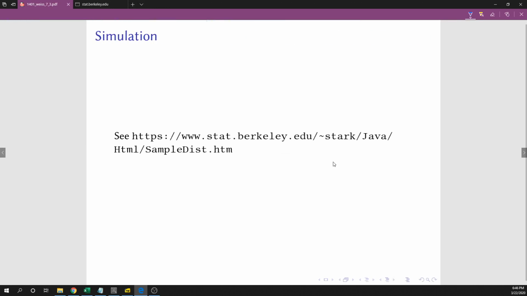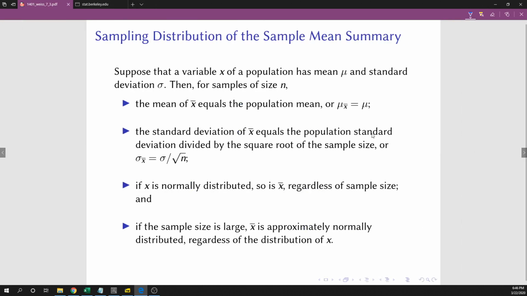Okay. All right. And so next, this is sort of a summary of what we've done. So suppose you have a variable x and it has a population mean mu, standard deviation sigma. Then for samples of size n, the mean of x bar is the population mean. The standard deviation of x bar is the population standard deviation divided by the square root of n.